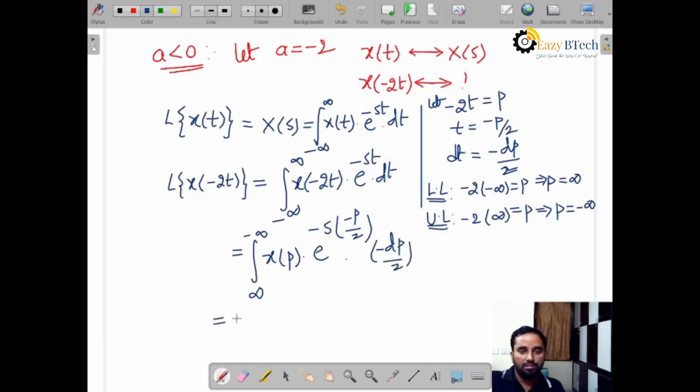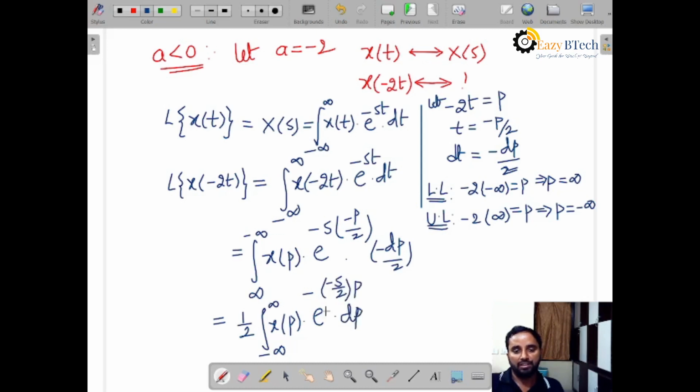Okay. So here 1 by 2 I can write outside, right? And in the integral, we can exchange the limits by removing this minus sign in integration. So minus infinity to plus infinity, and the minus sign is also removed because the upper and lower limits are exchanged. X of p and e to the power minus s by 2 p dp.